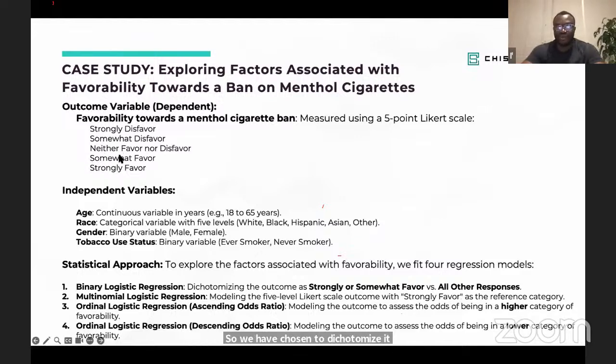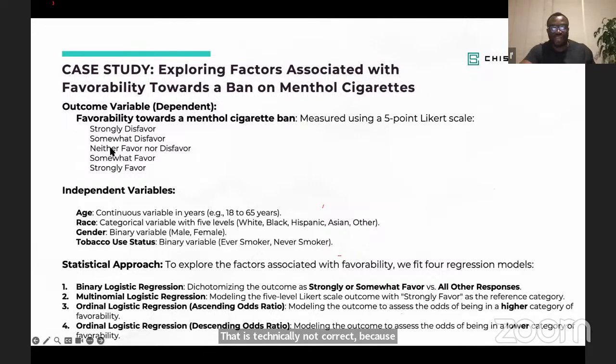So we have chosen to dichotomize it as somewhat favor and strongly favor because, literally, they both contain the word favor in them. That means these individuals favor, and the rest will be called people who do not favor. Be careful how you use the language. Don't say people who favor versus people who oppose. That is technically not correct because it is favor versus not favor.